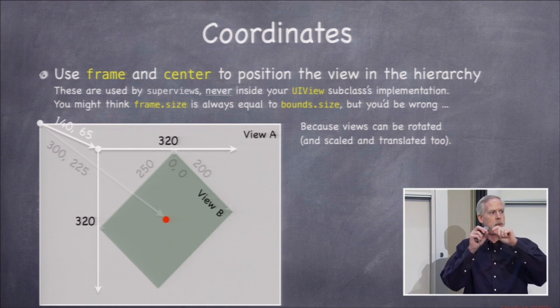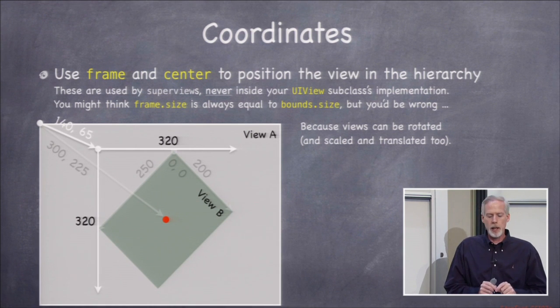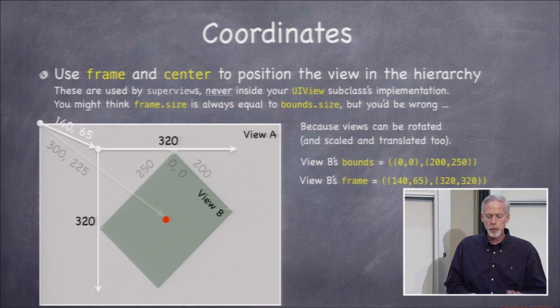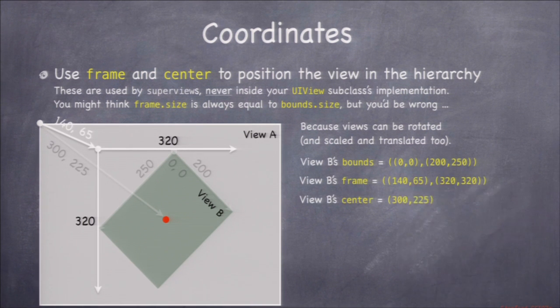Because it's a diamond shape that it has to contain, okay? So there's some details here on this slide. You can look at them at leisure, but the bottom line is understand that frame is a rectangle containing you in your superview's coordinate system. Bounds is the rectangle you use to draw when you're drawing in your own code in your view. It's your coordinate system.